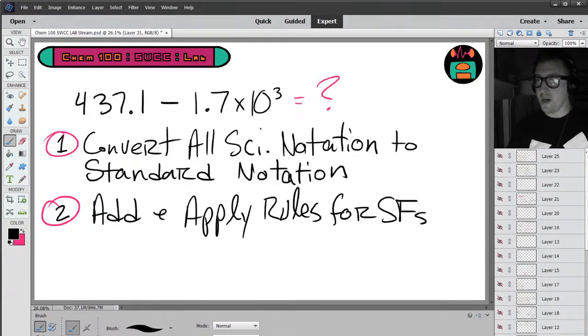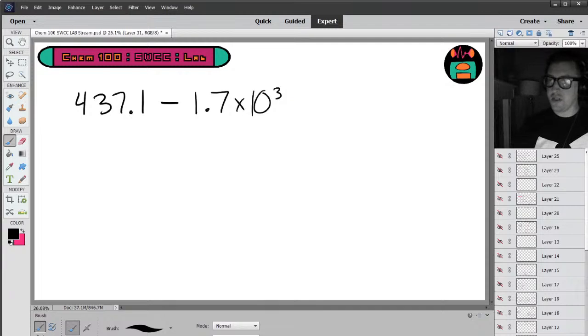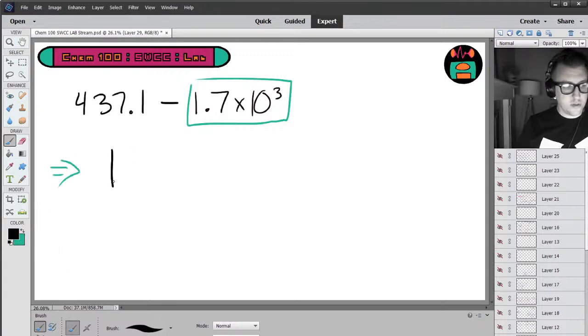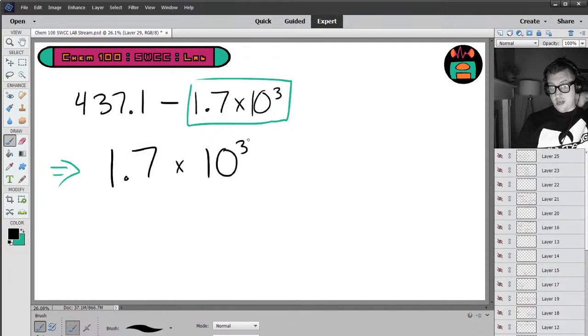Now, there's only one number in scientific notation, and that is 1.7 times 10 to the third. The way you convert from scientific notation to standard notation is we have to move the decimal.